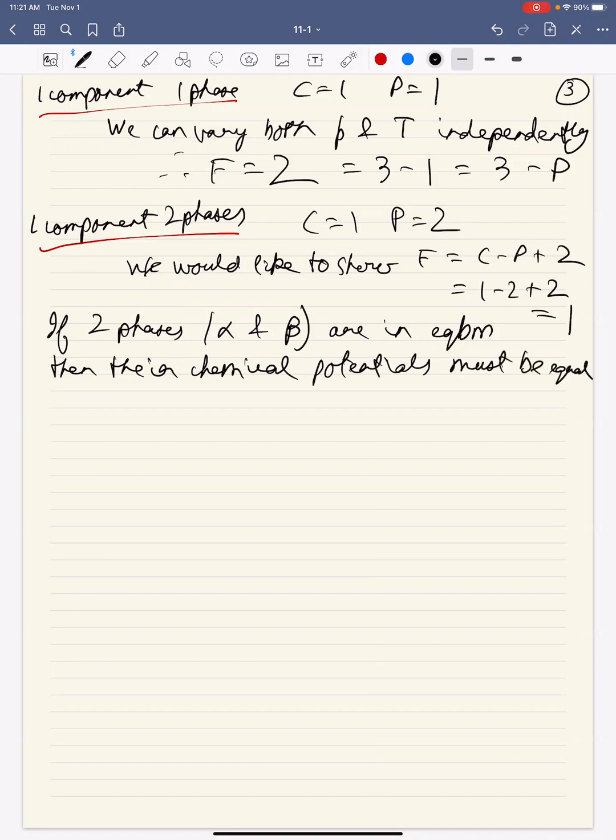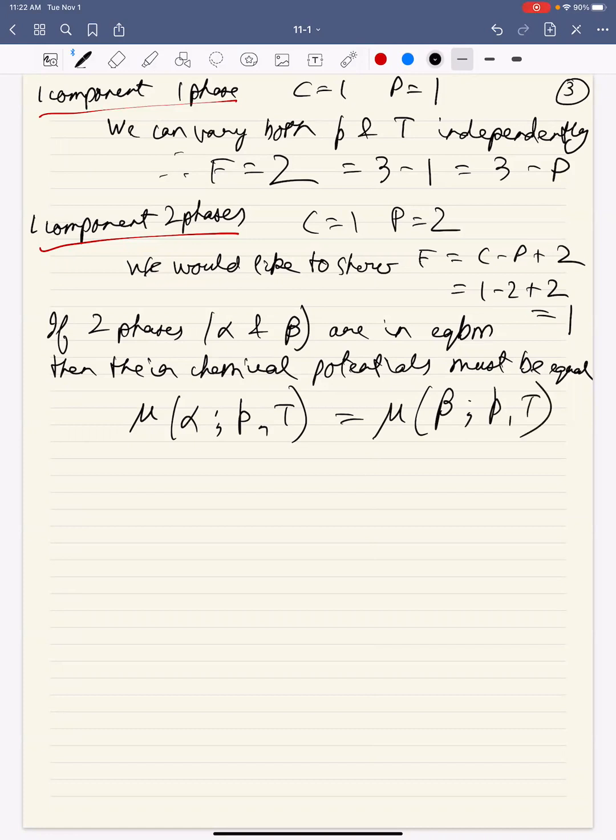Chemical potential is Gibbs free energy per mole, right? What are the natural variables for Gibbs free energy? Anyone remembers? P, T, and N, right? And you're talking about per mole, so you can ignore the N, okay? So we can say mu for phase alpha as a function of pressure and temperature must be equal to mu of phase beta as a function of pressure and temperature. And I did not write N over here.